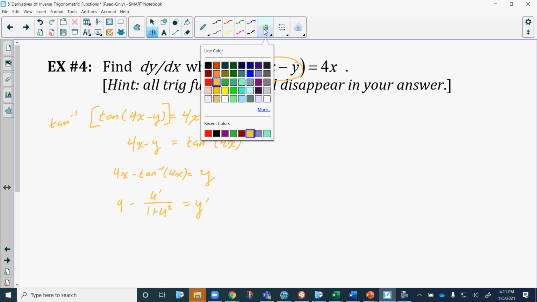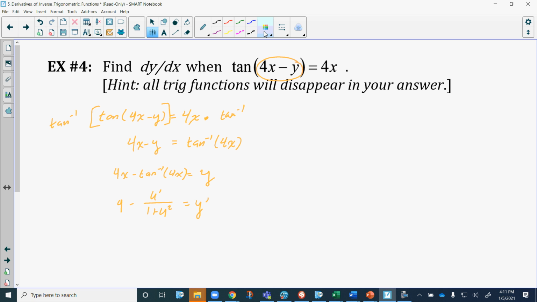So kind of off to the side here, let's go ahead and do what we've been doing. In this case, u is going to be the 4x. So u squared would be 16x squared, and u prime would be just 4.